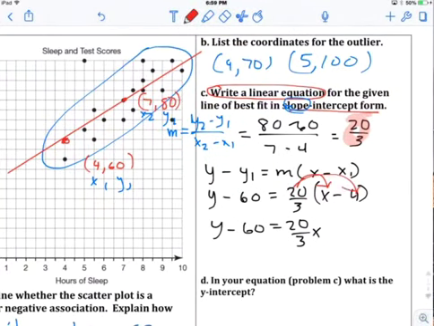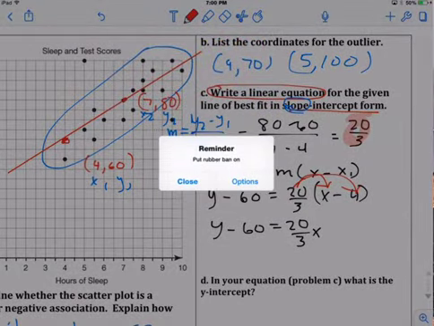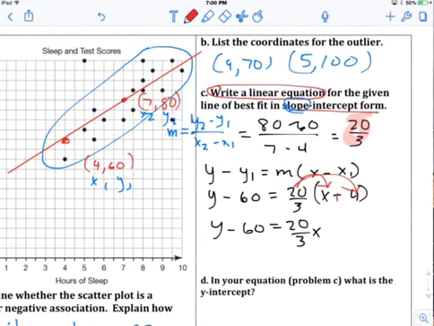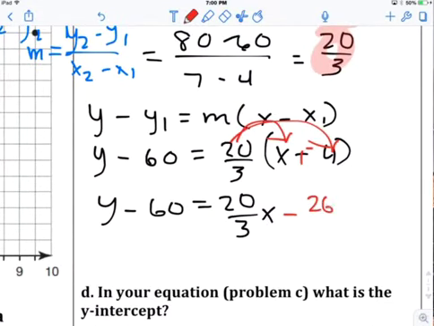Distribute 80 over 3, plus a negative 80 over 3, which is 26.6 repeating, so I'm going to round it to 26.67. Add 60 to both sides.